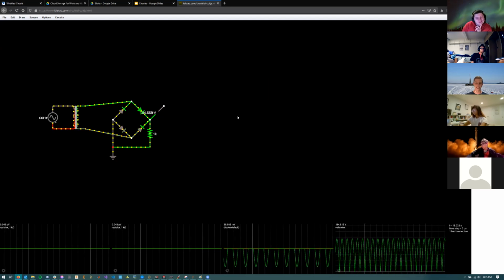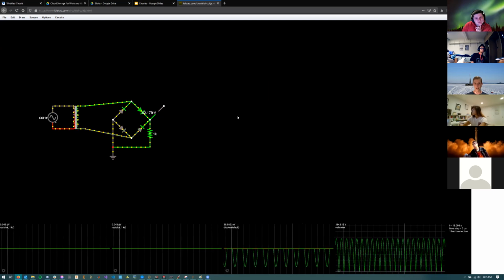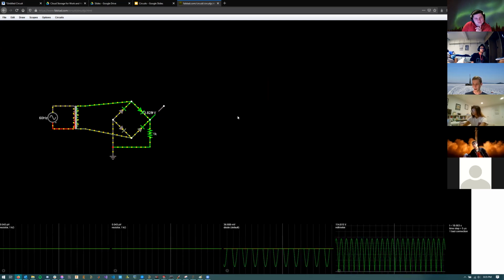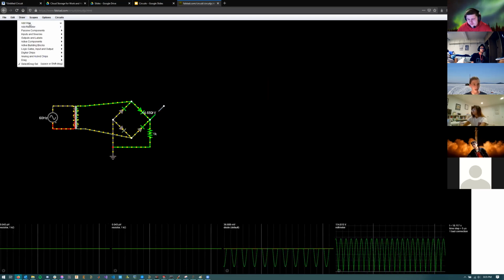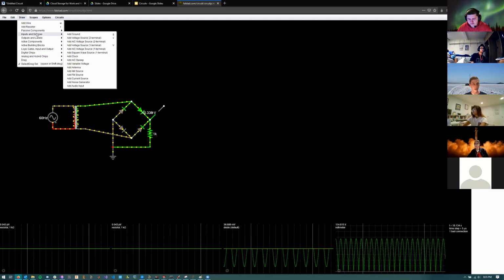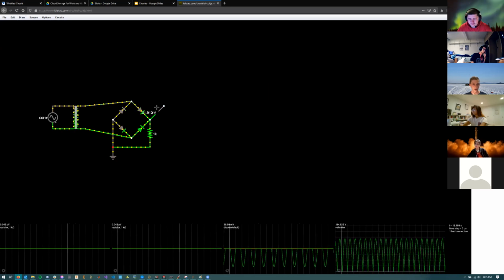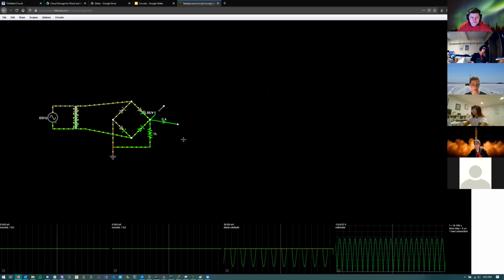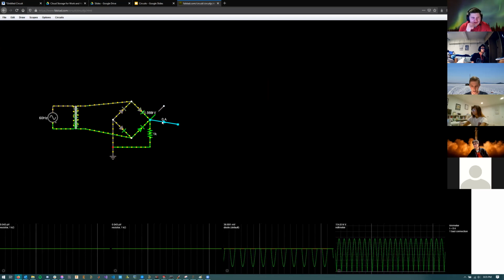However, in this case, let's see if we can do this. Add outputs and labels, add ammeter. Ammeter has to be in series.